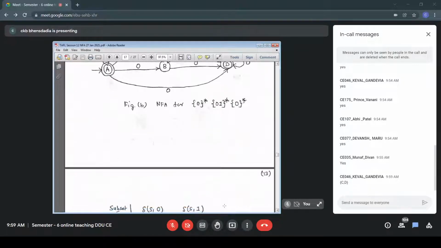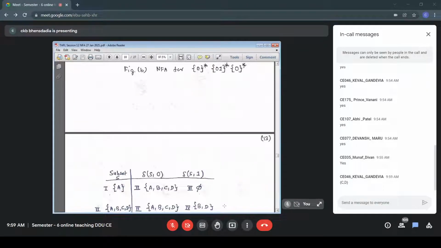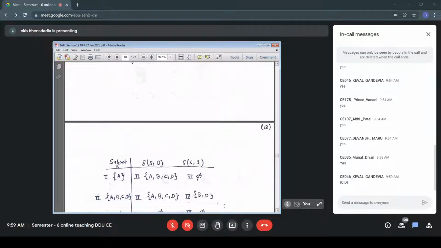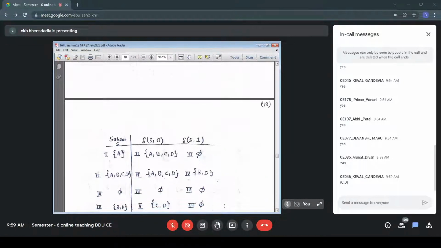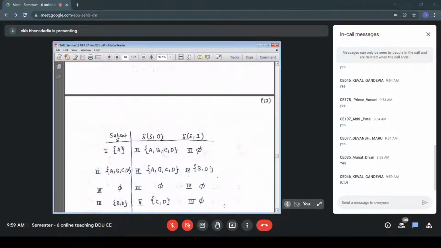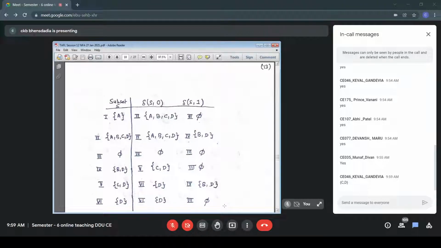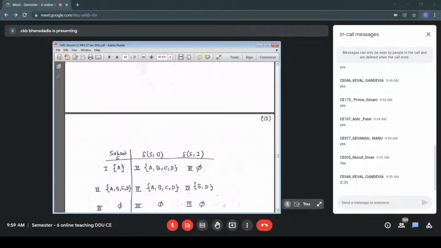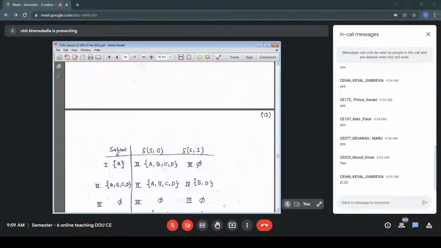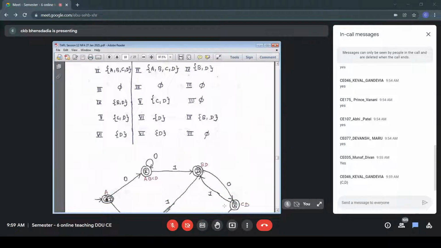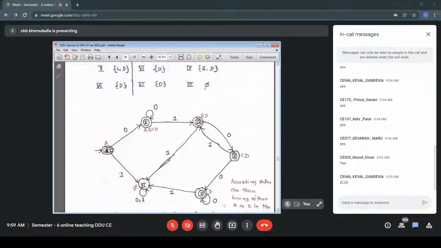A is present in 1, A is present in 2, it is not present in 3, A is present in 4, D is present in 5, and D is present in 6. So except label 3, all remaining are accepting states.